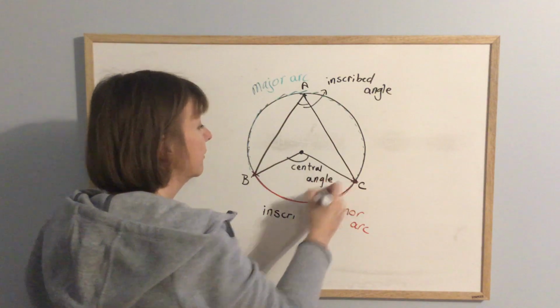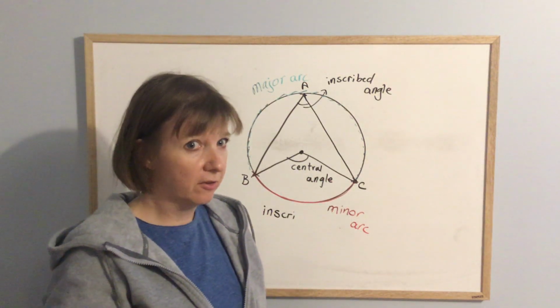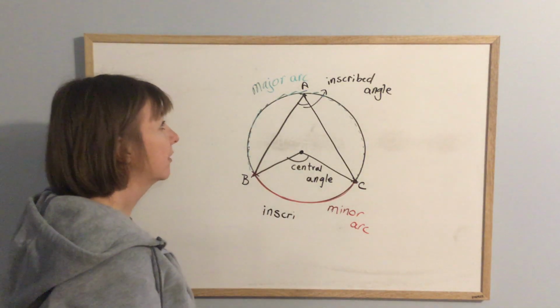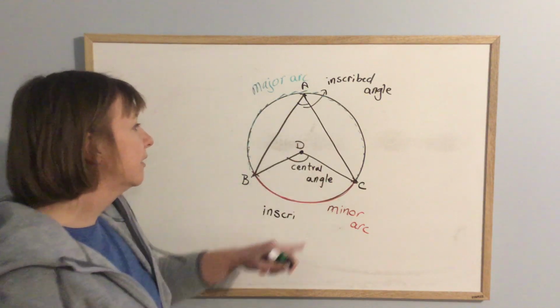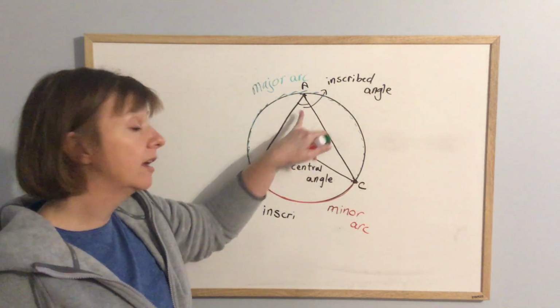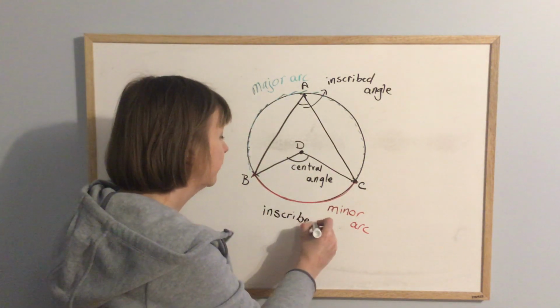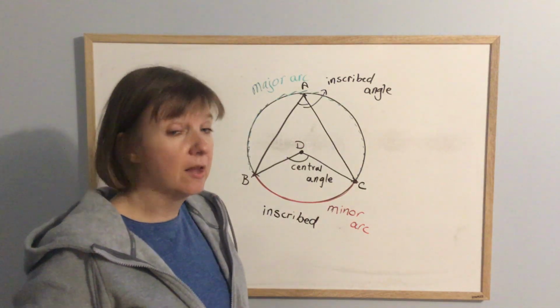And that's because it happens at the center of a circle. Not rocket science, central angle, center of the circle. And so let's call this point D. And so I could say that angle A and angle D are inscribed by exactly the same arc.